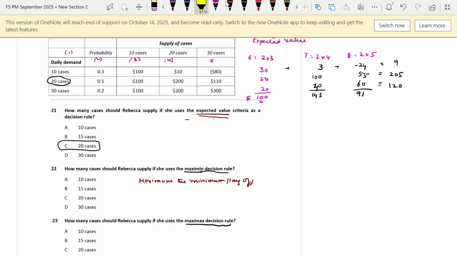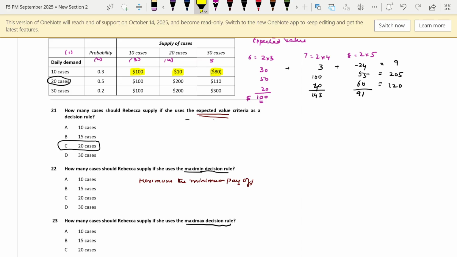See the thing. This is 100. This is 10. This is 80. How much is the minimum payoff?